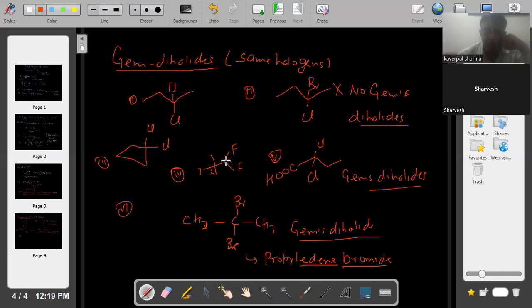Here there are 5 carbons, 1, 2, 3, 4, 5, so the common name is pentane, pentylidene, not iso. You can say isopentylidene, bromide or chloride. Isopentylidene chloride, the common names.